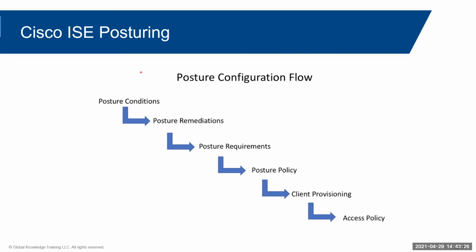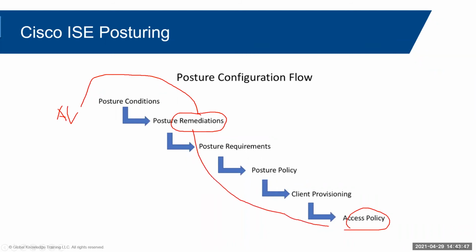So once we identify them with profiling, we know about that device, you and I could do programming logic in ISE to say, sorry, you've got to remediate, which means you've got to put some antivirus software on your laptop before I let you access the network. Or if you don't do it, I'll let you access the internet. You can get right back out to the internet, but you're not getting to our data center with our confidential data if you have a known virus potential issue or you don't have antivirus software. So we can restrict any way you want.